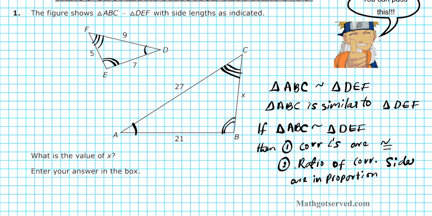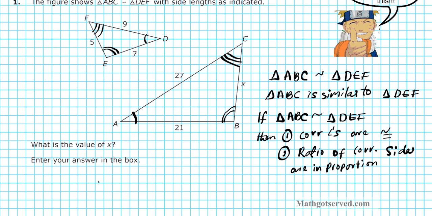Now we're going to talk about part 2, which is that the ratio of corresponding sides are in proportion. The best way to figure out which sides are corresponding is to follow the order of the letters again. So we have triangle ABC, and then we have triangle DEF.